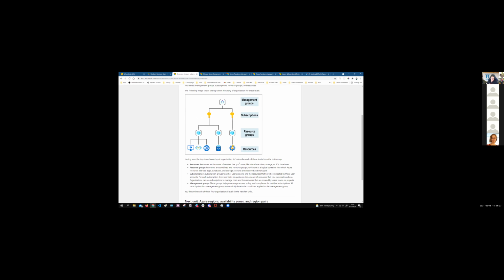Your resource groups are a combination of all of those resources, just like a logical container. So if you think of your HTML page, your resources are your image tag, your A tag, your form input labels, things like that.